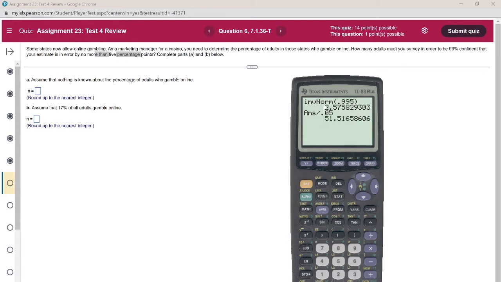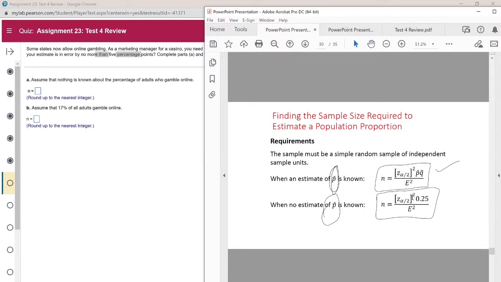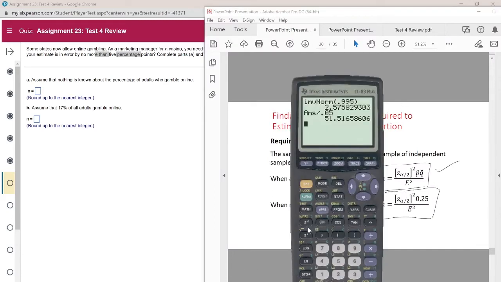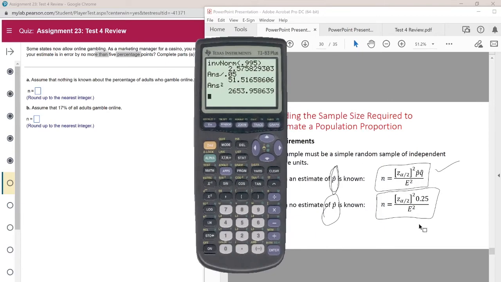So I divide the z-score by the margin of error as given in the formula, and I'm going to square it. That squares the z-score and the margin of error, and I'm going to multiply this by 0.25.